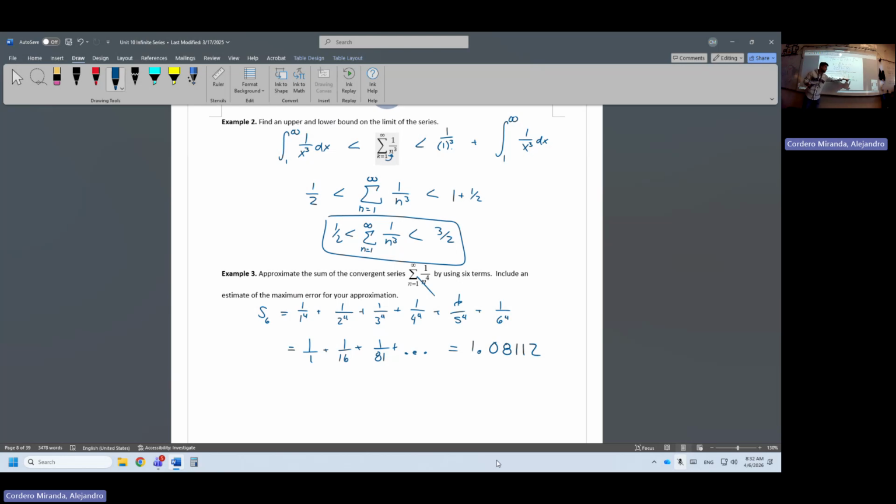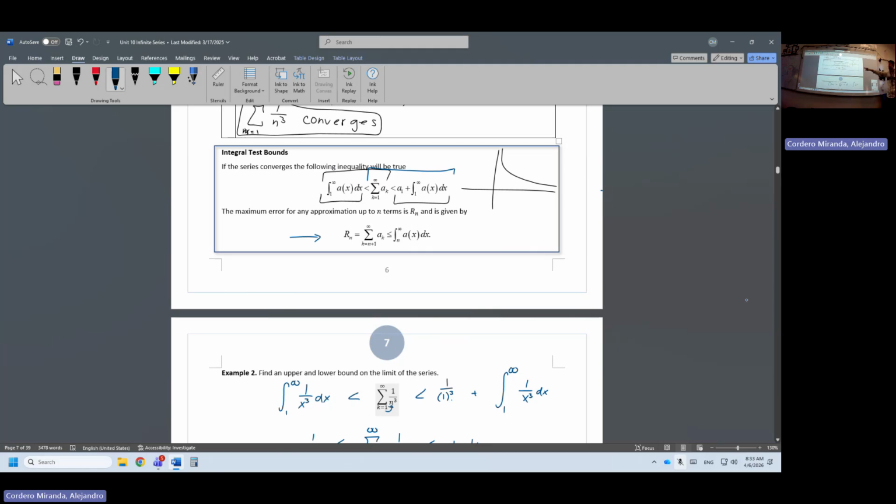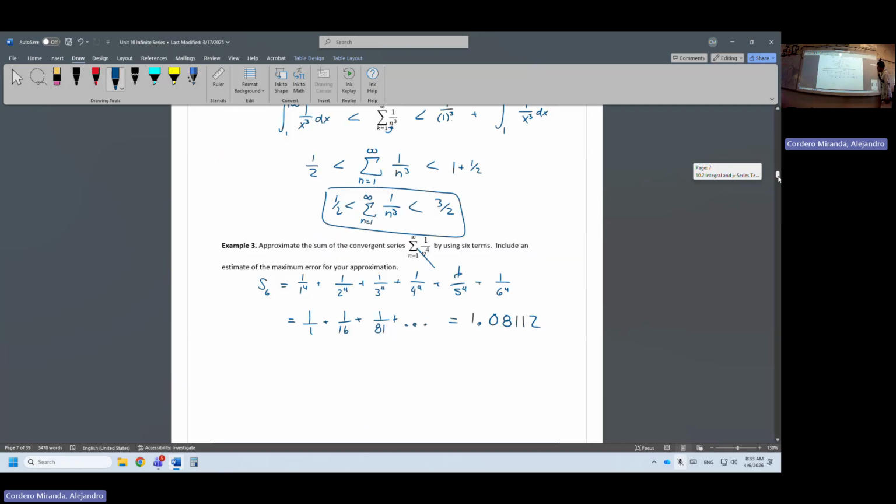But how far off is this from if I had gone to an infinite number of terms? That's what this second part of the box is about. And I'm pretty sure this comes from the same place, from these bounds. So the farthest off this can be is, if you use n terms to approximate the sum, then the error will be at most the integral from that n to infinity of that function.